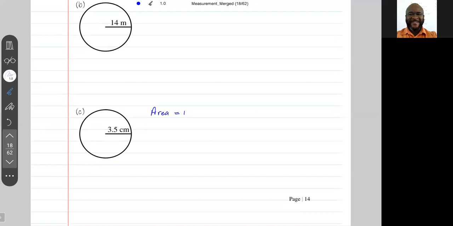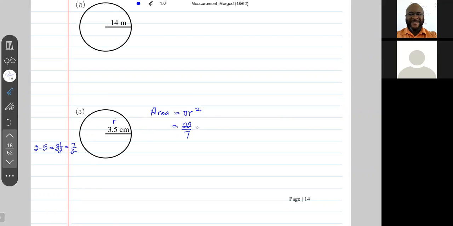So the area of the circle is pi r squared. Pi is 22/7. The radius is 3.5, which is the same as saying 7/2. Do you agree? Yes. Good. So it's pi times the radius squared.